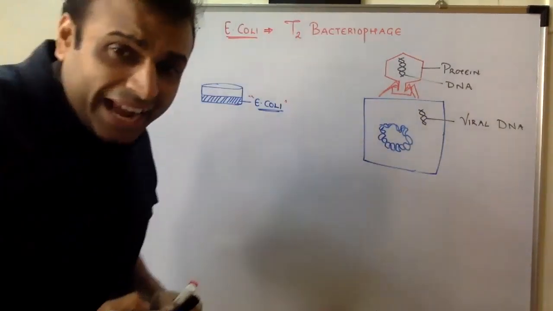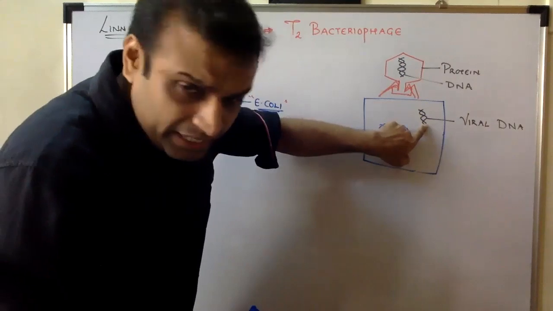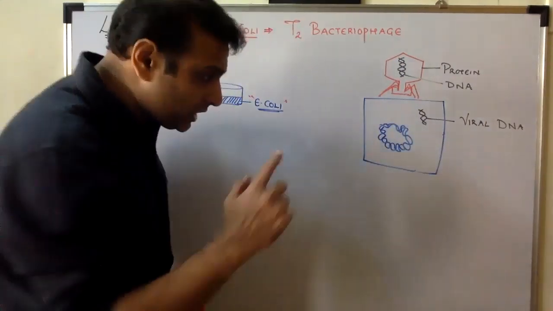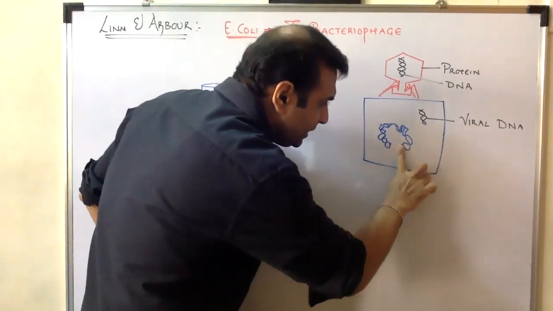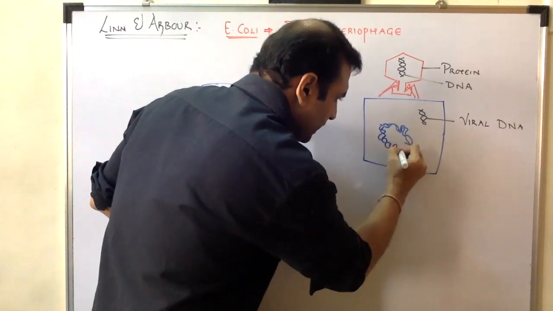अभी हम लोगों ने ऐसे डिस्कवर किया कि ये वायरल डीएनए के पास एबिलिटी है कि वो बैक्टीरियल डीएनए के साथ अपने आप को जोड़ दे.